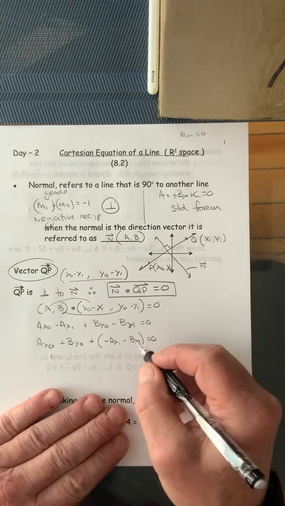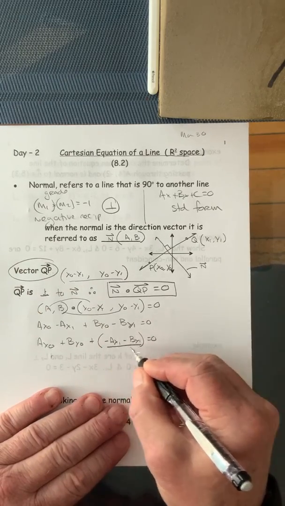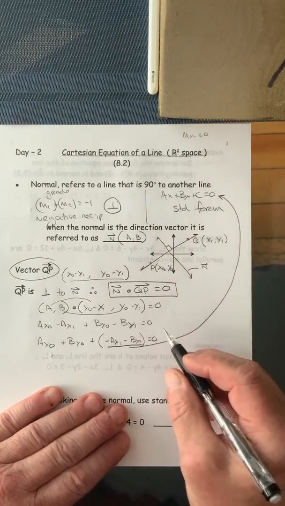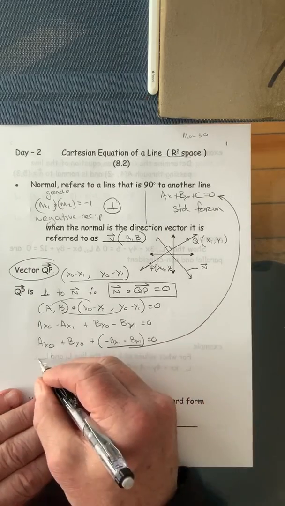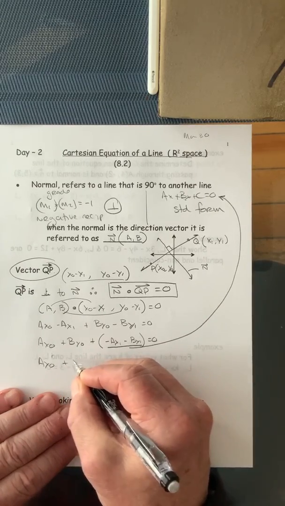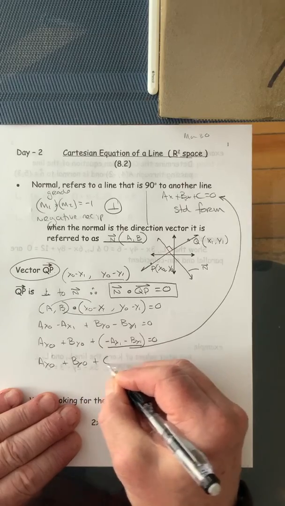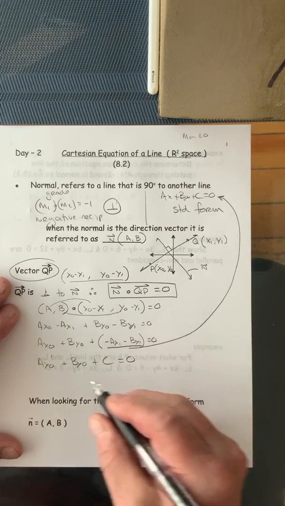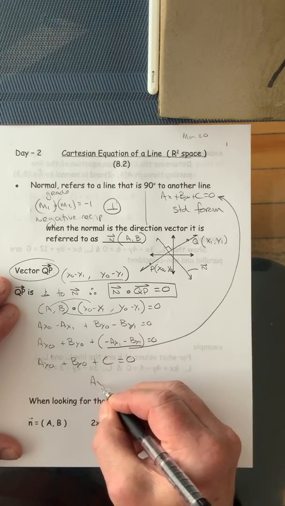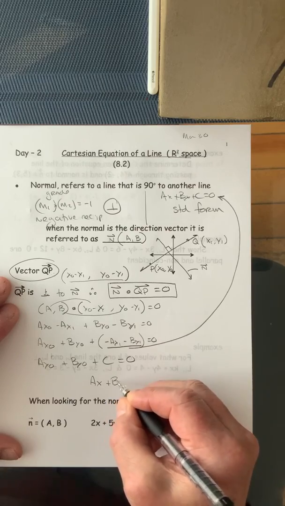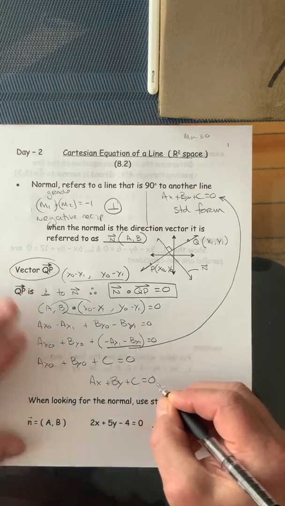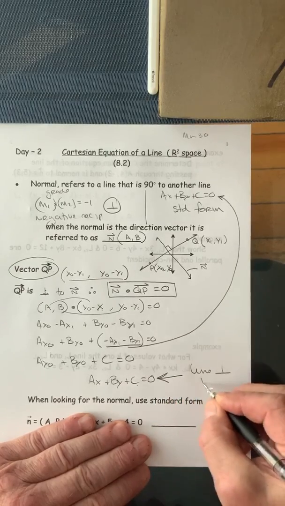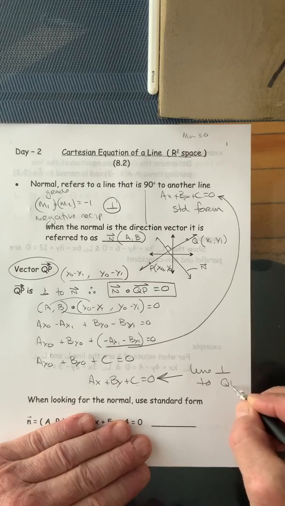Now I'm not concerned about the positives or negatives, but if you look from up here, standard form, ax plus by can be equal to c. So I'm going to get a x aught plus b y aught plus c equals 0. The fact that we use aughts and ones is not that critical, we end up with ax plus by plus c equals 0. This is the equation of a line perpendicular to QP.